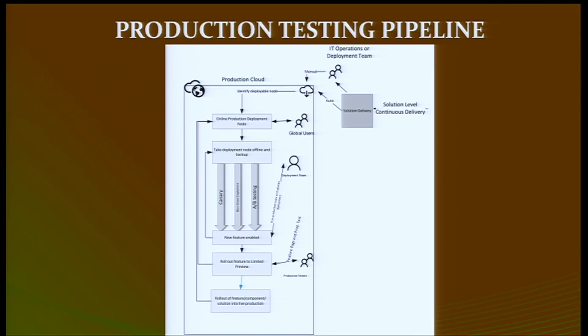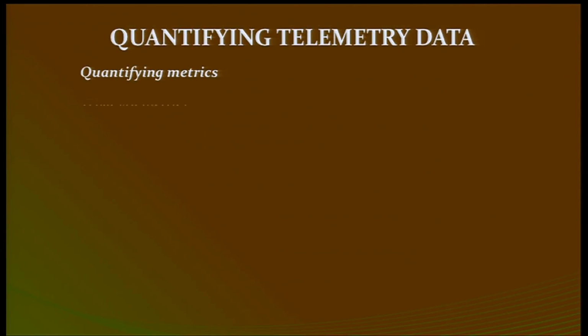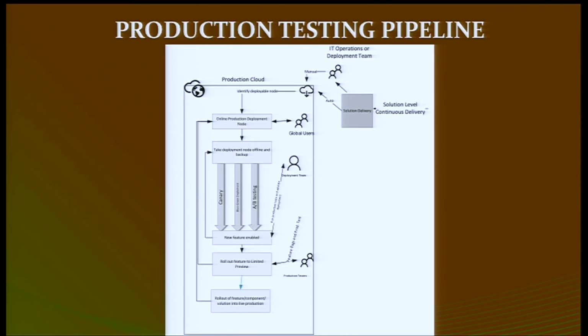So I'm bringing up the deployment slide again. I'm not sure you will be able to see it, you're clear over here. But this represents the production testers within your organization who are using your solution after deployment.